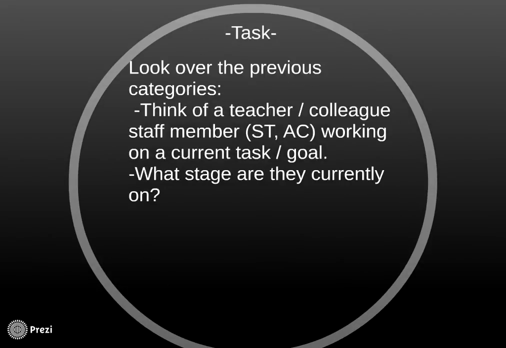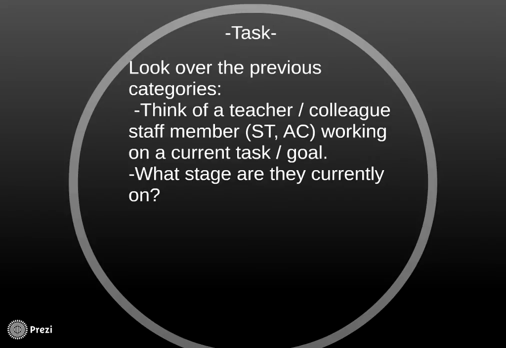So a quick task is to think back to those attitudes or behaviors. Think of a teacher or colleague, if you manage senior teachers or ACs, that is working on a current goal, or they have a task at hand. Think about their work plan and what stage they are currently on with that goal or task.